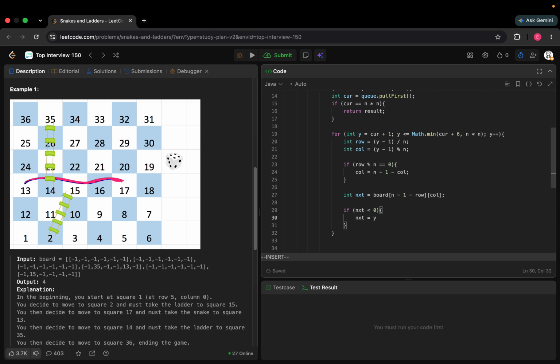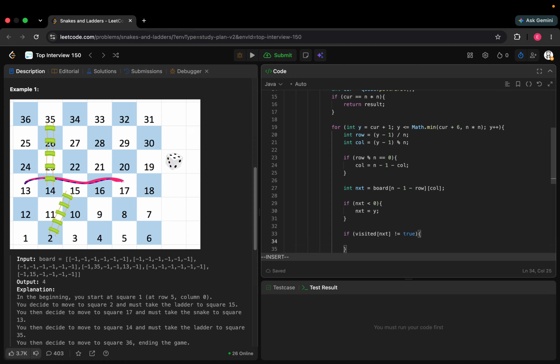So nest should equal y. Visited and prepare for the next level. Which means didn't visit. Now we can visit.